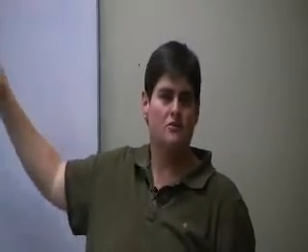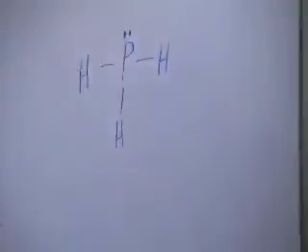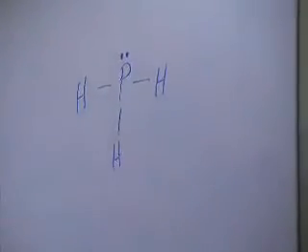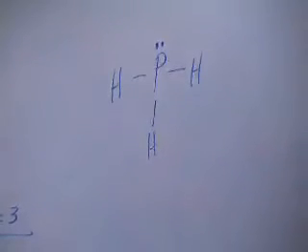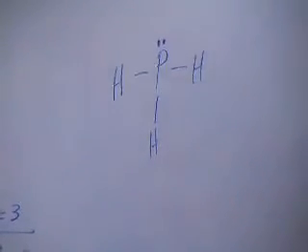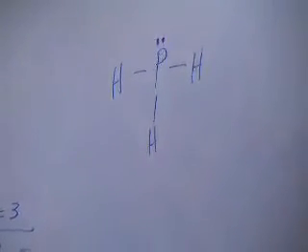What does this also look familiar with? What else can we compare this to? NH3. Why can we compare it quite easily with NH3, with ammonia? Where is nitrogen on the periodic chart? It's the same group, isn't it?